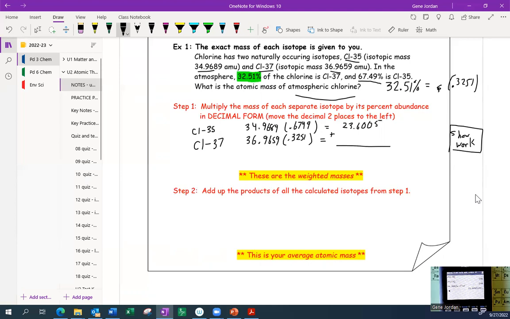And the next one is 36.9659 times 32%, which is 0.3251. The weighted average is 12.0176.